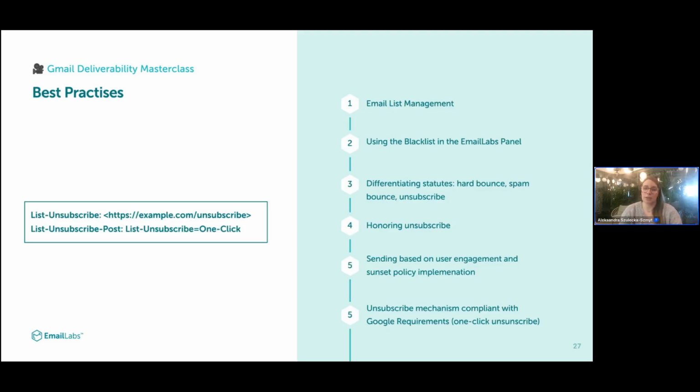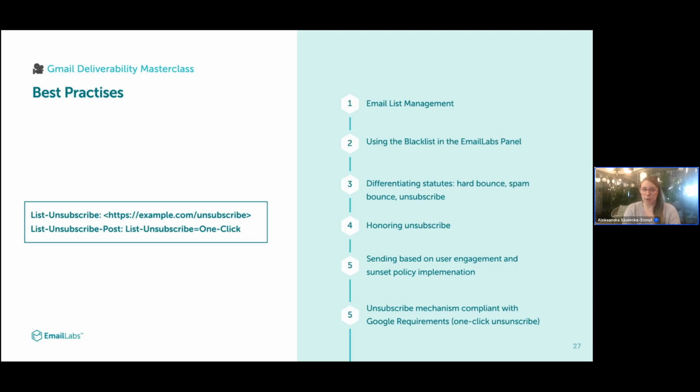Now we can say a little bit more about the best practices that you should apply as a sender, to your mailing, to deliver to Gmail better. And we know that there are the requirements, and the requirements must be met. But this is not the only thing that is important.